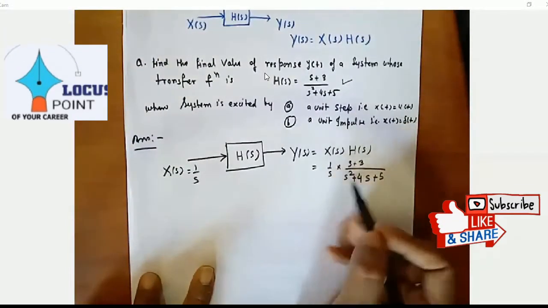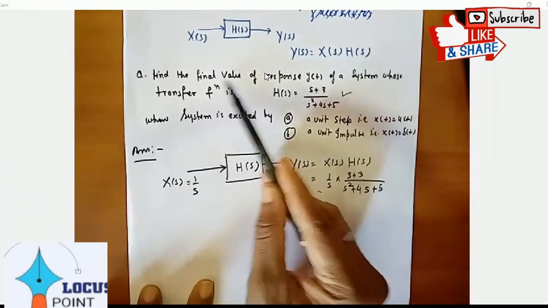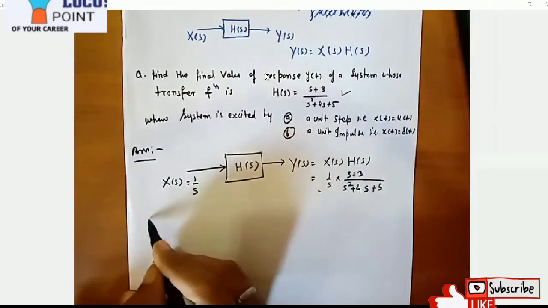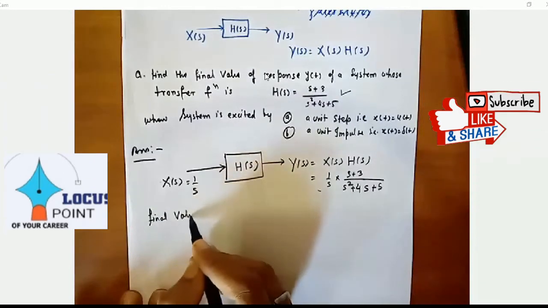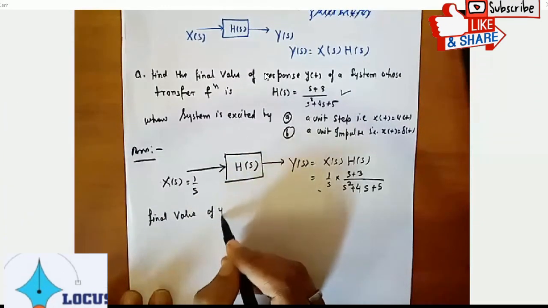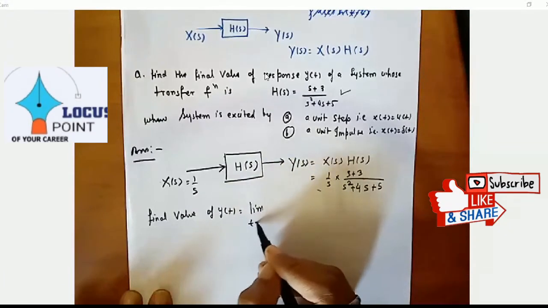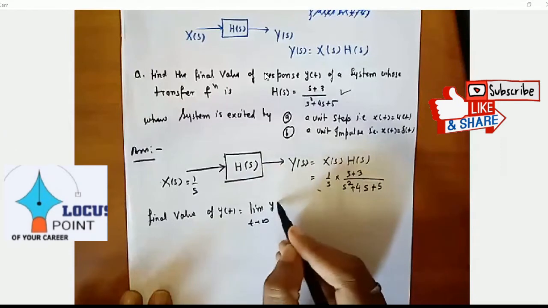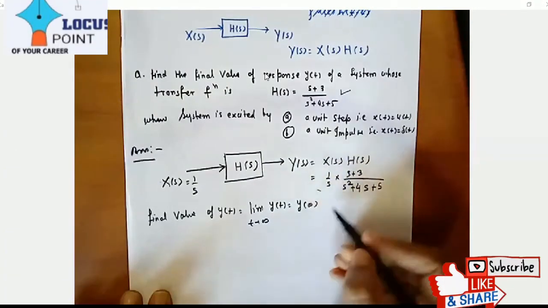You need to calculate the final value of this, because it is written final value of y(t). So the final value of y(t) is nothing but the limit t tends to infinity y(t), or y of infinity.